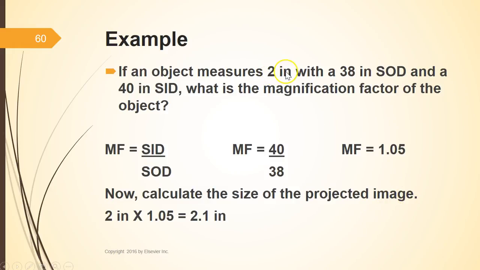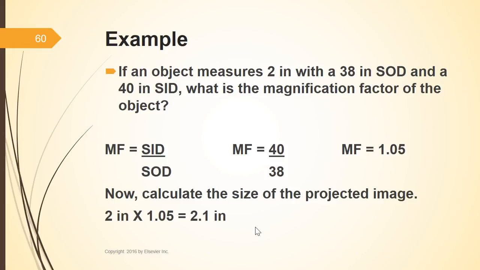So you have a 2-inch object magnified 1.05. 2 times 1.05, now you can determine your image is 2.1 inches, whereas your actual object was only 2 inches. That's not a huge increase.